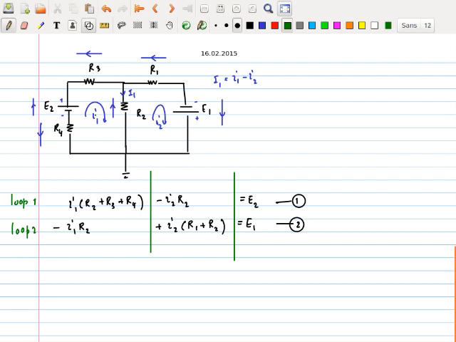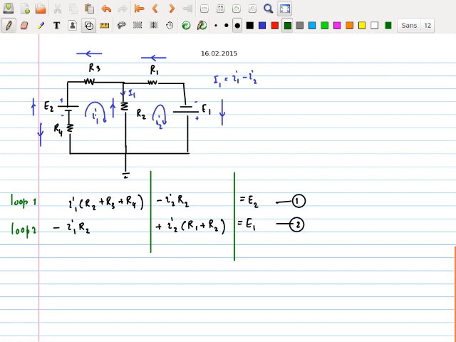I1 goes in a clockwise direction, whereas I2 goes in the opposite direction. If you are in this loop of I1, the only other loop that goes across it is through R2, because R1 has nothing to do with the loop I1.